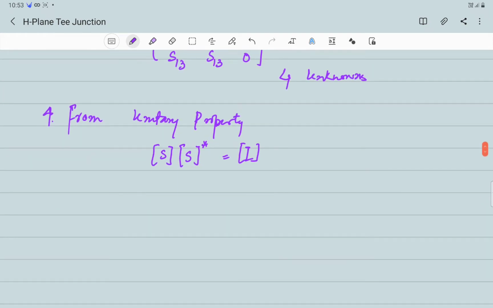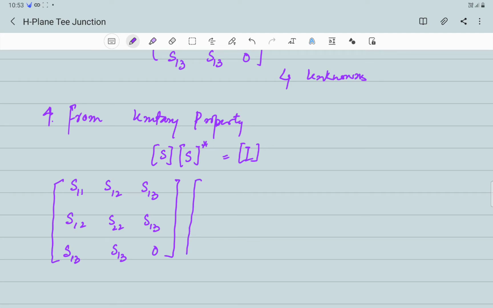So that would mean S11, S12, S13; S12, S22, S13; S13, S13, 0. This is our S matrix.